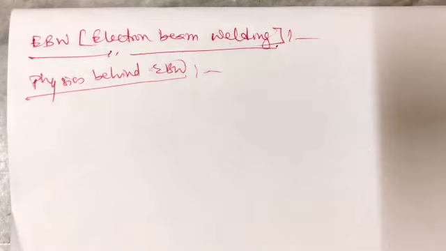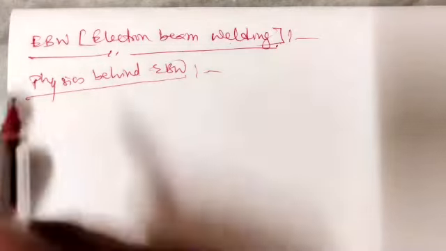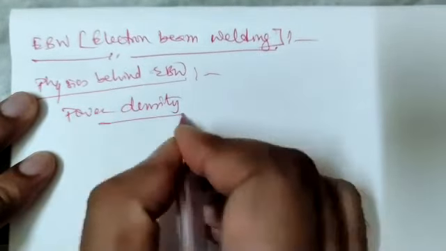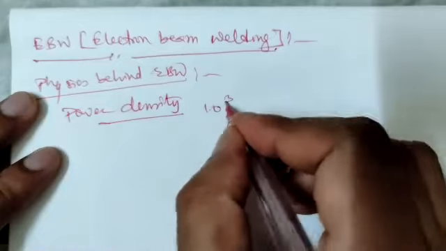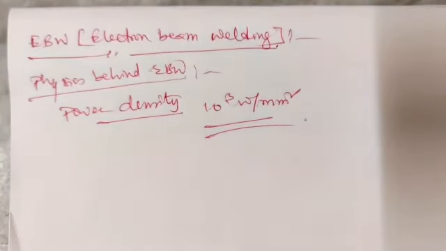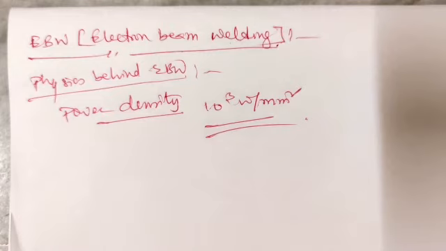So what is happening: if the surface power density is somewhere around 10 to the power 3 watt per mm square, at such a small value the loss of material by evaporation will be negligible for most of the metals. In that case, we can consider that this condition is favorable for welding.